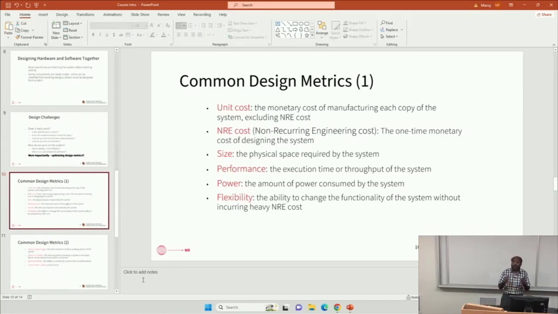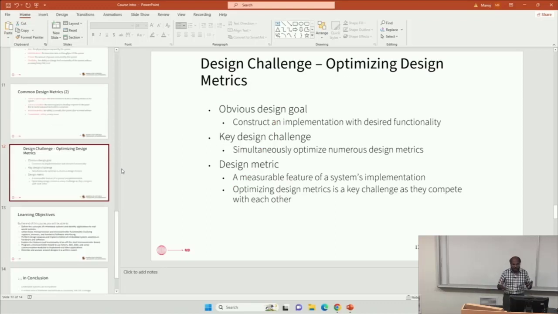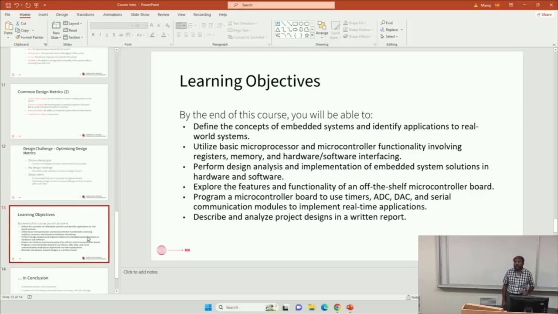For instance, you want the cost to be low, but then you want good performance, you want good reliability, and unlike some other systems, you need to also consider how much time it will take to design this product, because most of these are used by consumers, and before you know it, another competitor would have made a better design, and that's now appearing in the market. So things like that we need to be aware of. I would say designing an embedded system is quite challenging, and that's what we will try to talk about in this course. We'll do some designs.